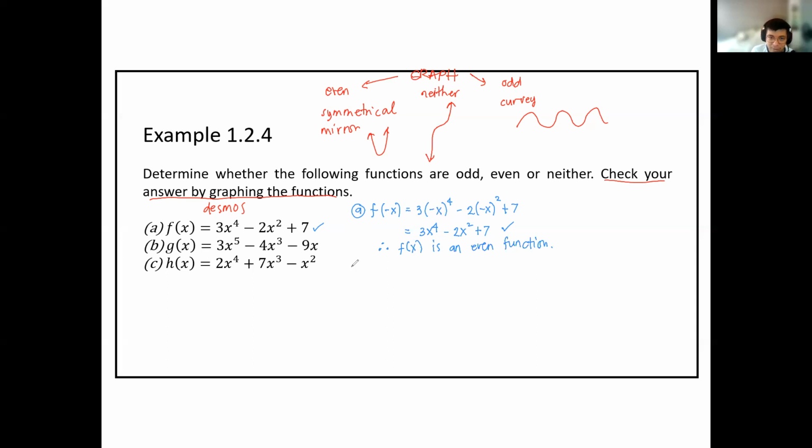So let's try letter B instead. So f of negative x, so you're going to have 3 times negative x to the 5th power minus 4 times negative x, I mean, cube minus 9x. So 9x is negative x, di ba?